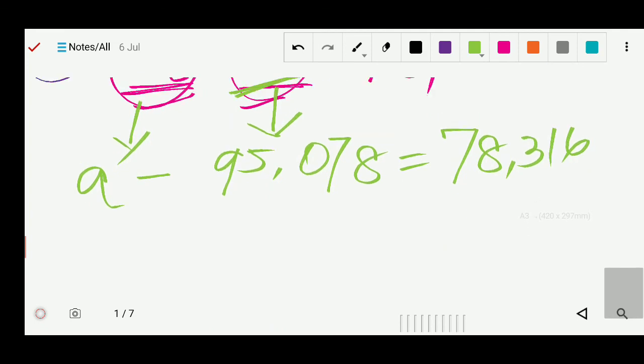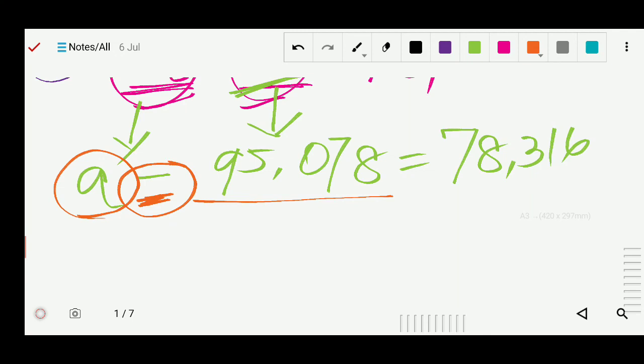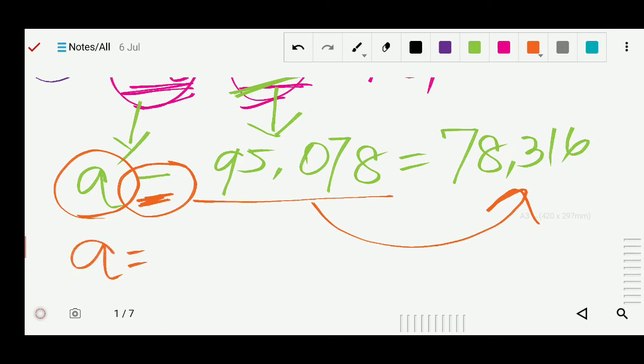When we find this type of question, here is A and the numbers, and here you can see the minus. When you move this to the other side, means we bring it to the right side, this minus will go to the right side and become plus. So A will equal, simply you can add these two numbers.